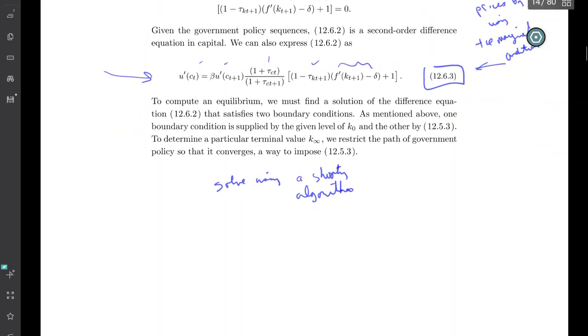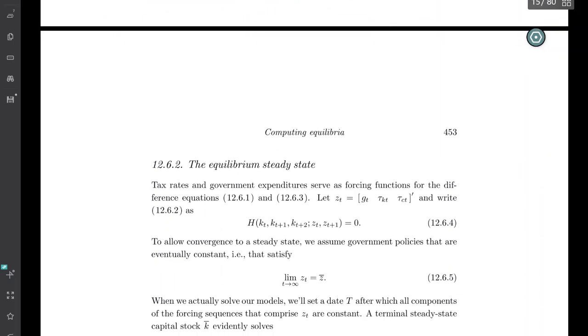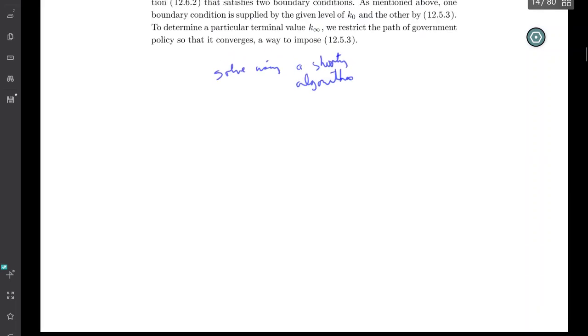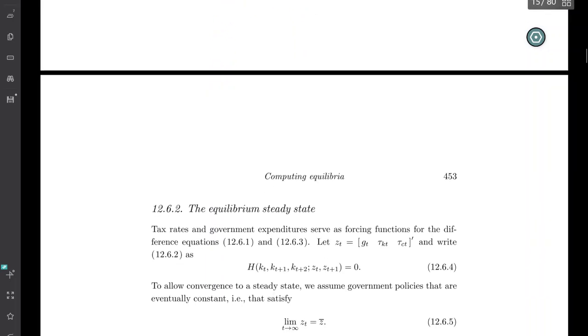Again, you can see it from the Cass-Koopmans lecture in QuantEcon. To use the shooting algorithm, we have to have something we're going to shoot for, and what we're going to shoot for is a steady state. So we're going to rig things so that a steady state exists, because we're going to assume it exists.